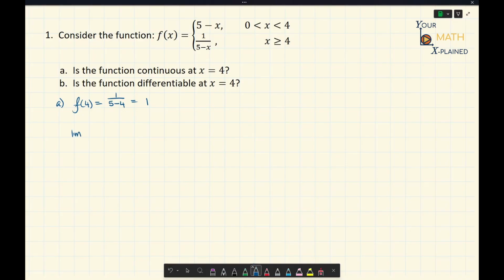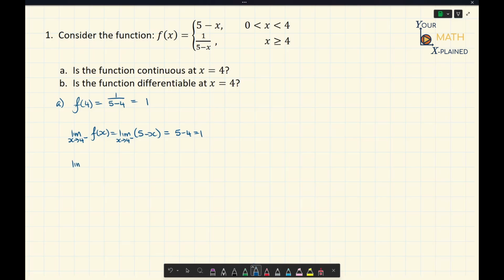Next, for our limit, if we are approaching 4 from the negative side, we're going to be using the top function. So this is equal to the limit as x approaches 4 from the left-hand side of 5 minus x, which is equal to 5 minus 4, which is equal to 1.